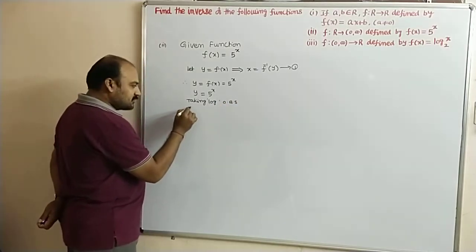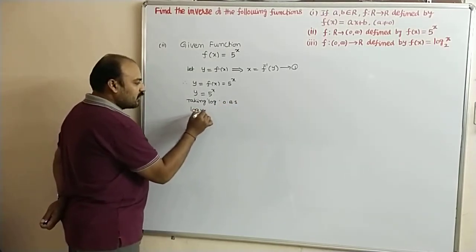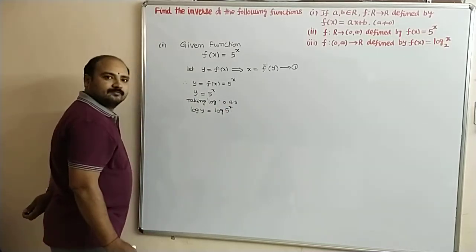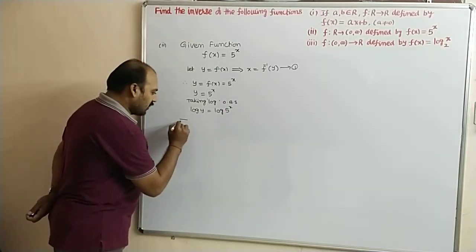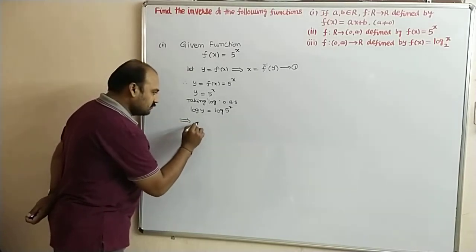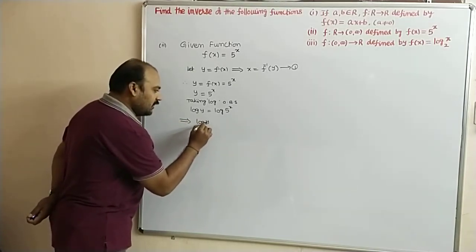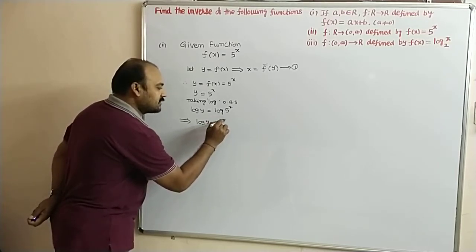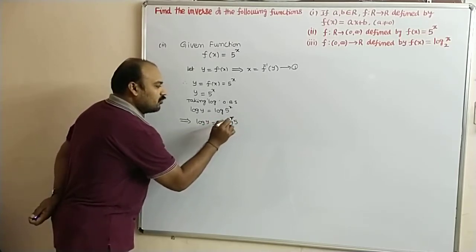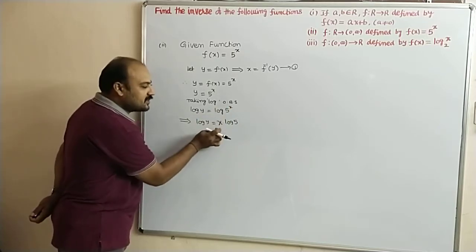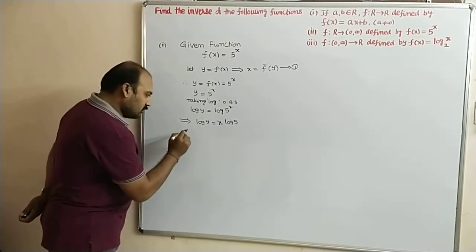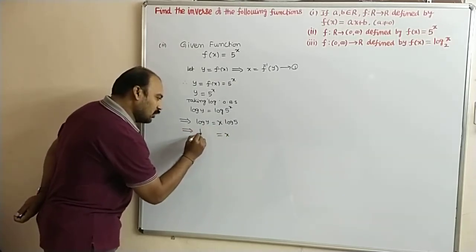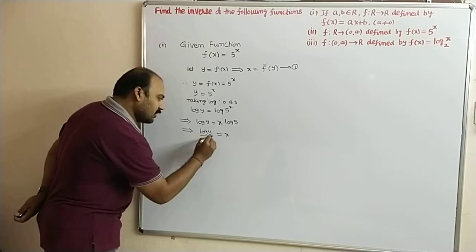So it becomes log y is equal to log 5 power x. That implies log y equal to x into log 5. We know the formula, log a power m means m into log a. That implies, making x the subject, x is equal to log y by log 5.